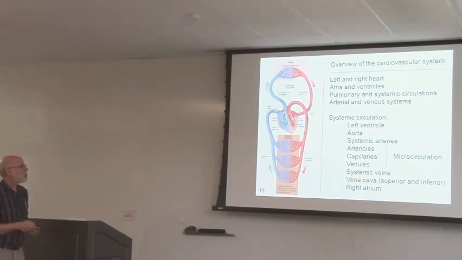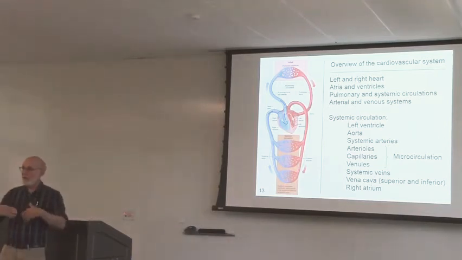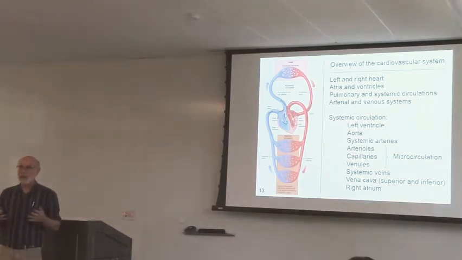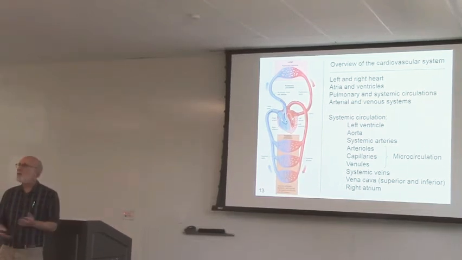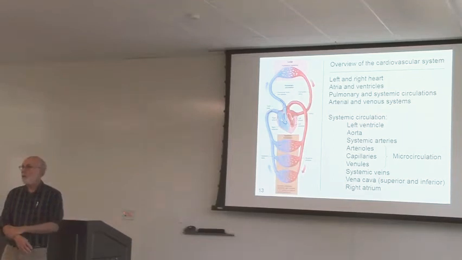Capillaries are where nutrients and oxygen are given from the blood to the organ. And waste products, carbon dioxide and other wastes, are absorbed by the circulation from the muscle or organ. Capillaries is where that exchange happens.